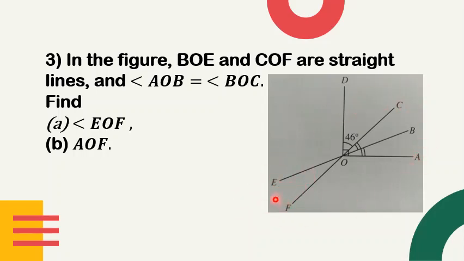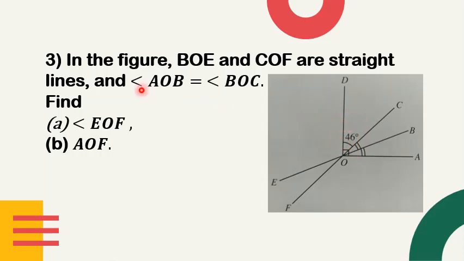So in order for us to find angle EOF, you have to find angle BOC first. How do you find angle BOC? Based on the given information, you know that angle AOD, just now, is a right angle. Right angle, what is the value? So this is 46 over here.